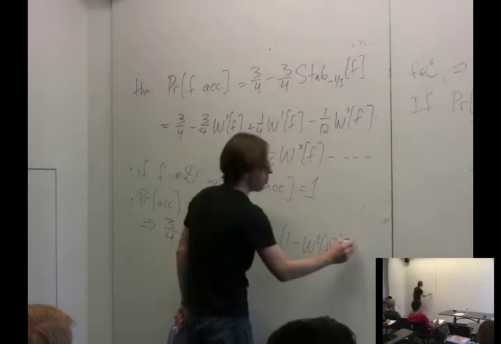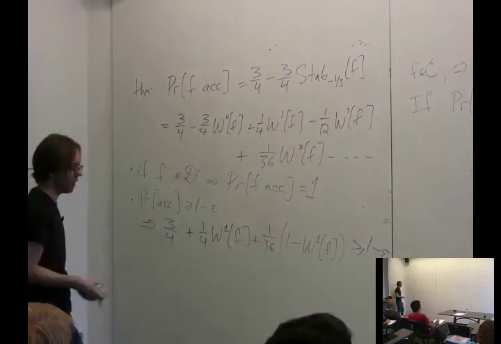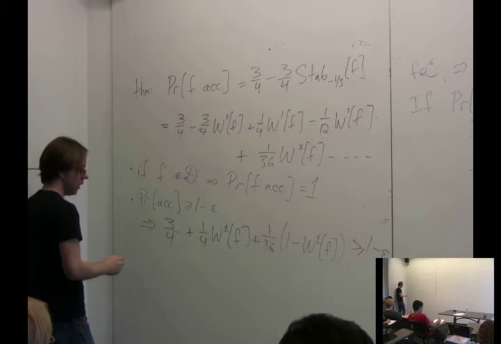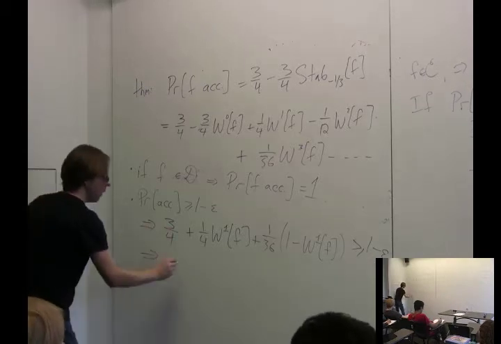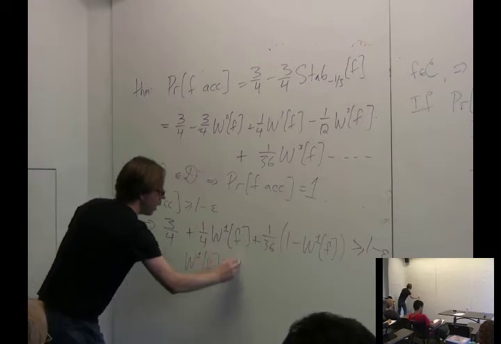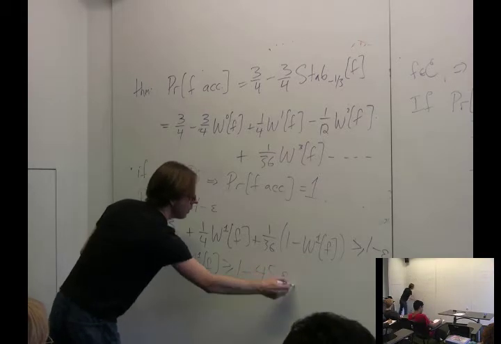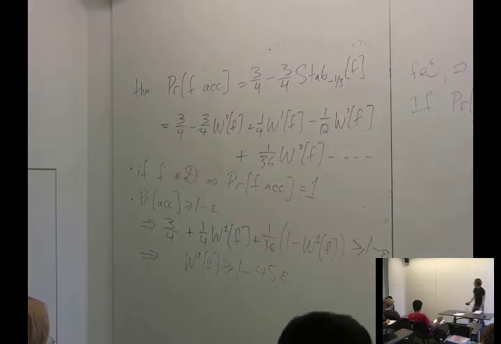So if you accept with probability at least 1 minus epsilon, then this upper bound on your probability of acceptance has to be at least 1 minus epsilon. If you just rearrange this and solve for the weight at level 1, you get that the weight at level 1 of f has to be at least 1 minus some constant, 4.5 times epsilon. This constant is not extremely important, but it's just quantifying what I said.